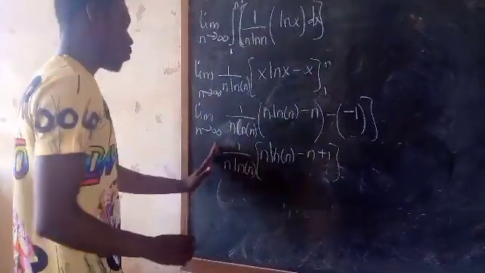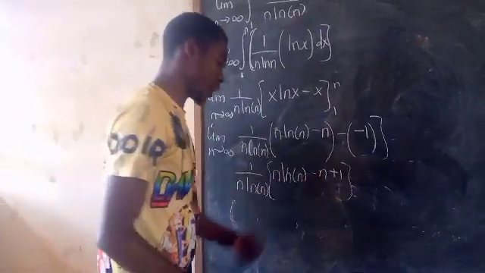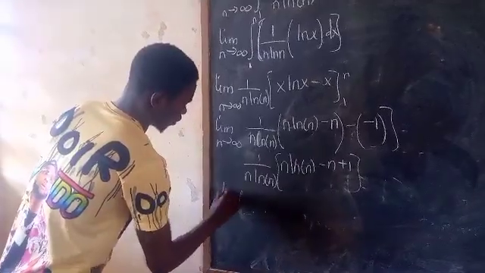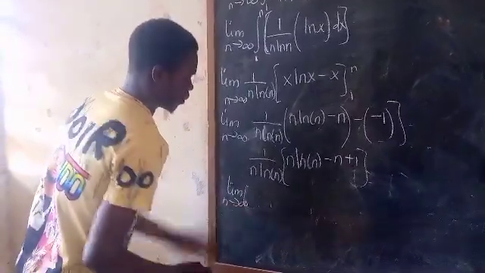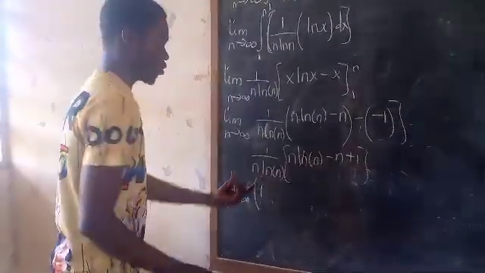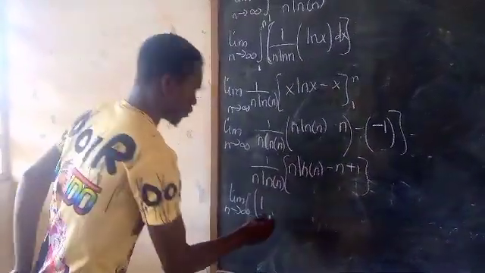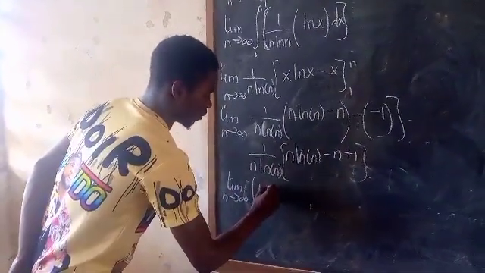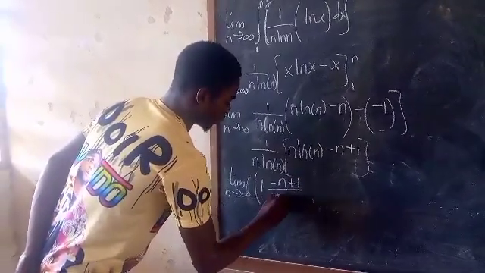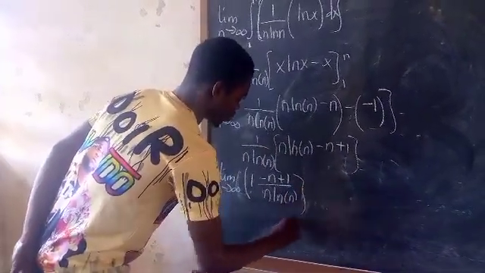So guys, if we now multiply by 1 over n natural log of n inside, the limit as n goes to infinity, we are simply going to have 1 because it cancels with this, then everything else multiplies, and we expect to have negative n plus 1, all over n natural log of n. So this is what we have, guys.